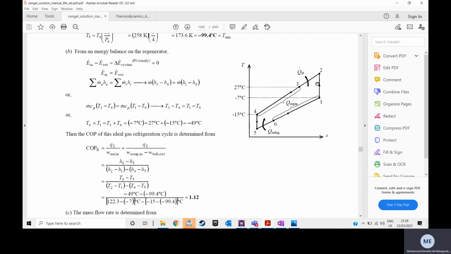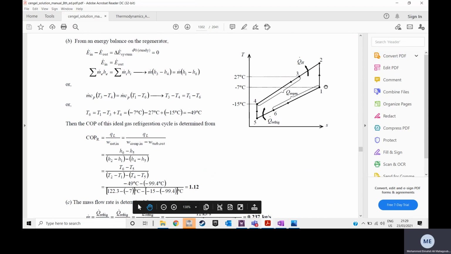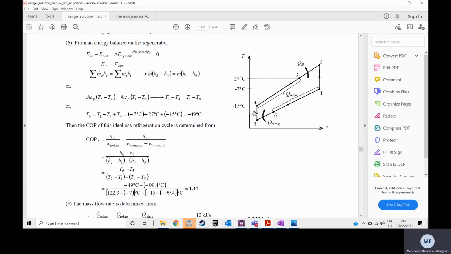So work compressor in minus work turbine out. Notice that in the reverse Brayton cycle, the work input of the compressor is higher than the work output of the turbine, because this is a refrigeration cycle, and I'm doing a process that is reverse to nature.